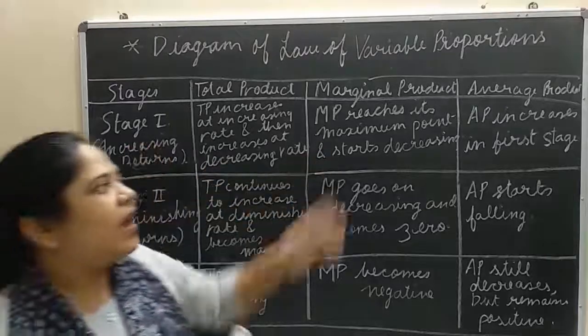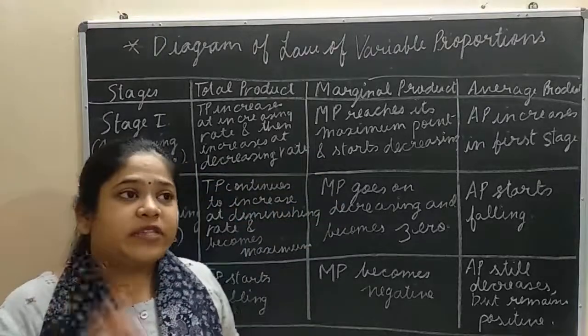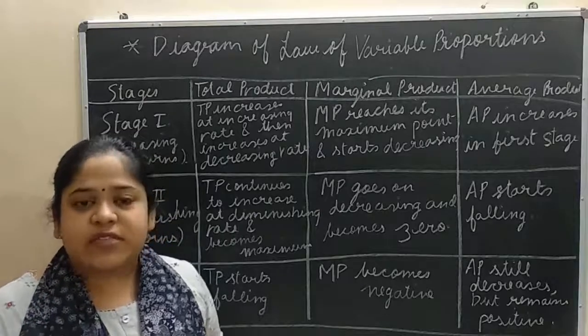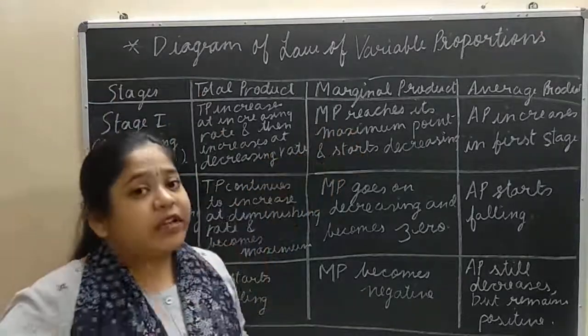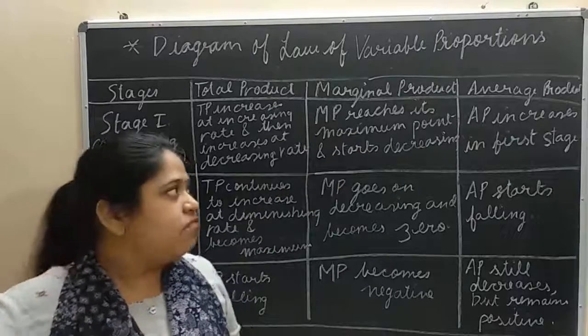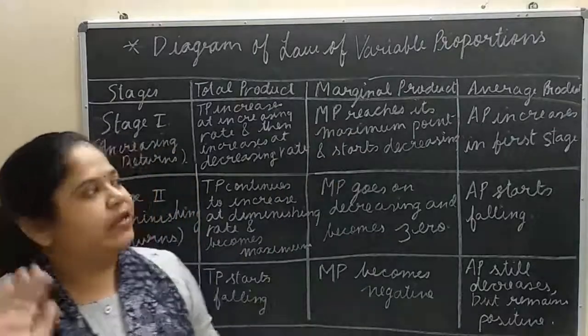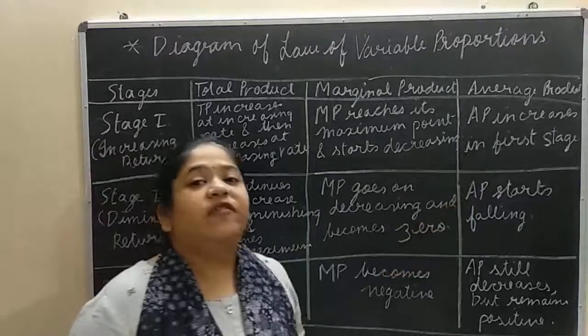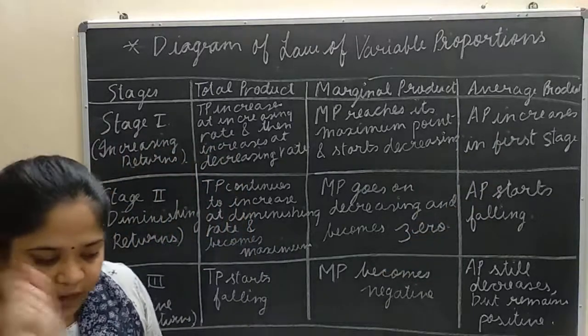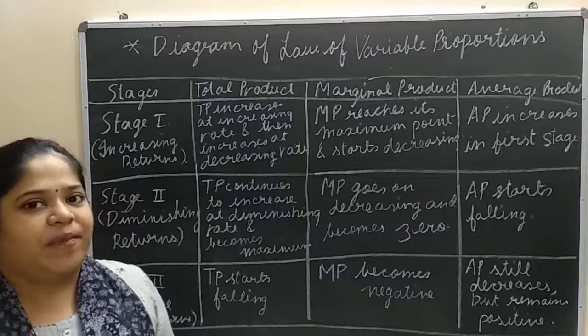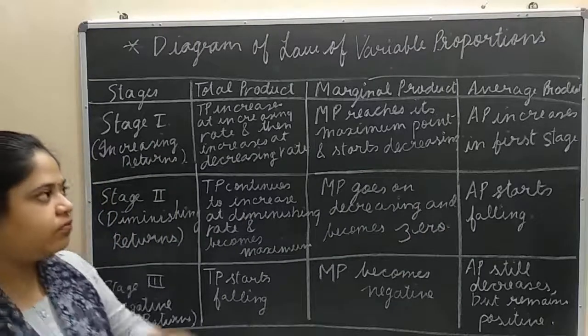In stage 1, marginal product will reach its maximum point and it will start falling. Check back in the diagram, marginal product reaches its maximum point, that is M, and it will start decreasing. And average product will keep on increasing in the first stage. The first stage ends where AP is maximum.